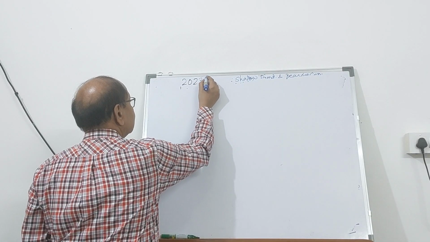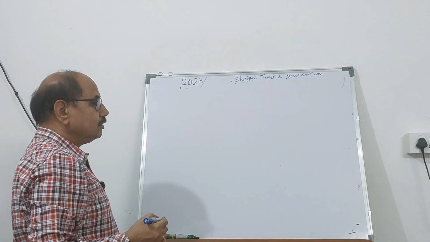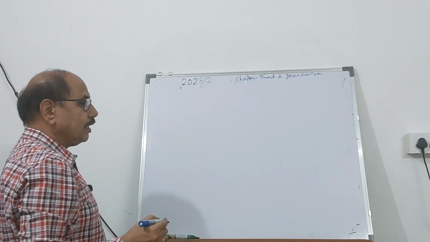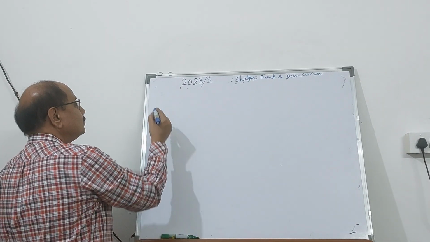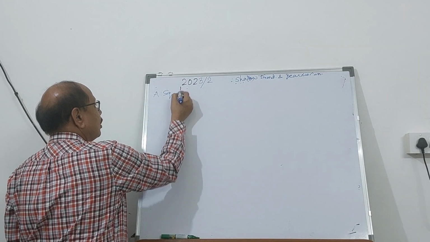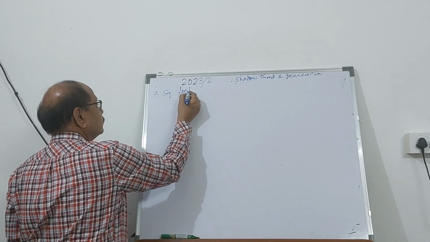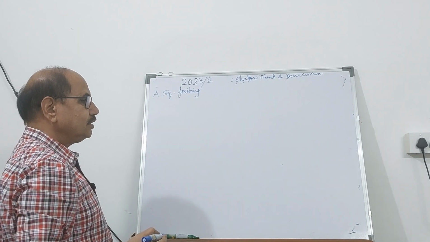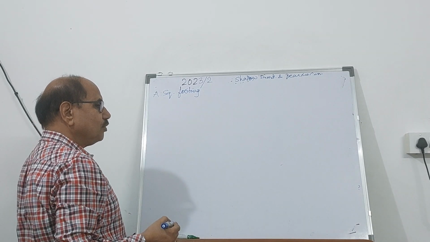Now 2023, this is the set 2. You have a square footing. A square footing of size is to be found out.